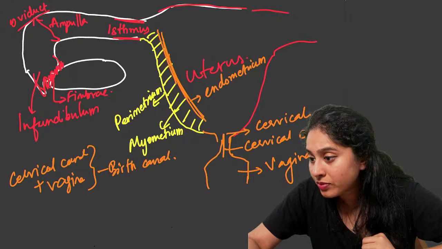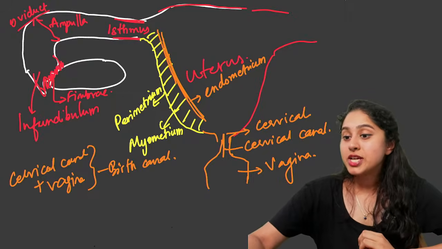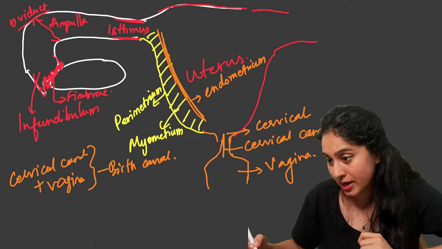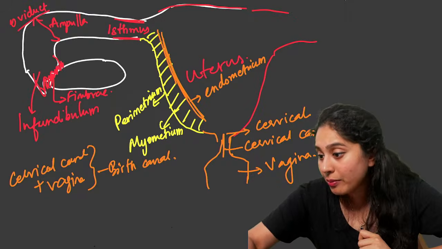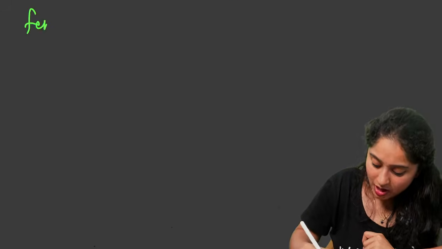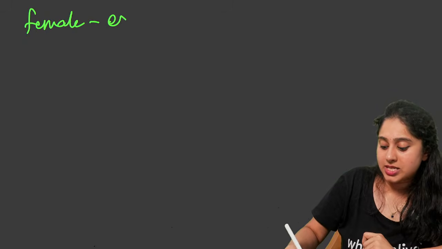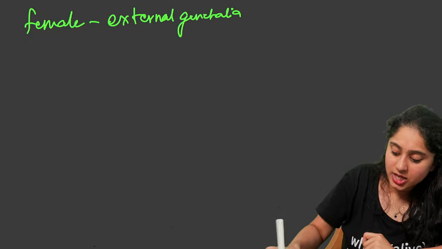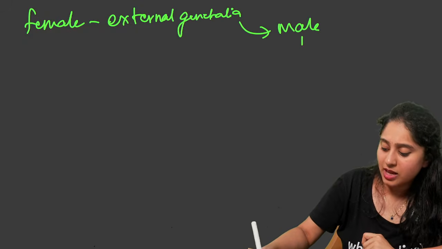Right, so now I am going to continue with the external genitalia. The external genitalia in the males is nothing but the penis.